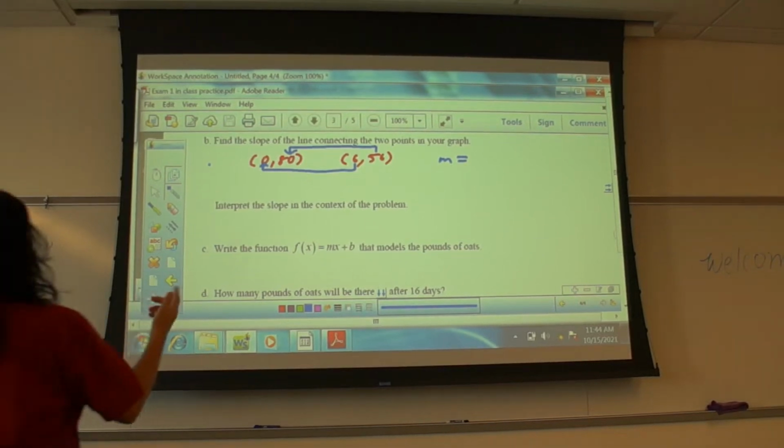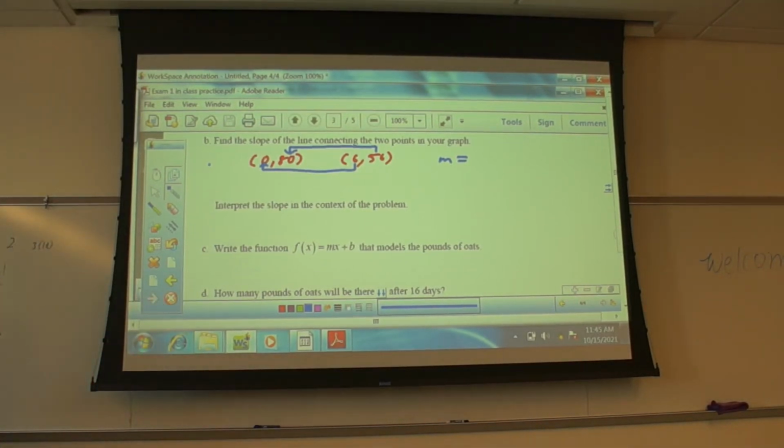Interpretation, you can think of, what did I do? I did y's over my x's, right? So 6 minus 0. So that's negative 24 over 6, negative 4.